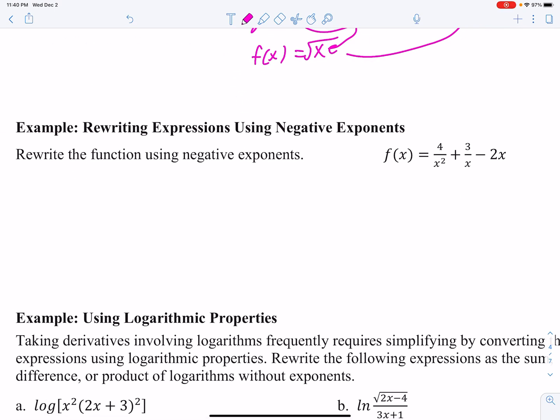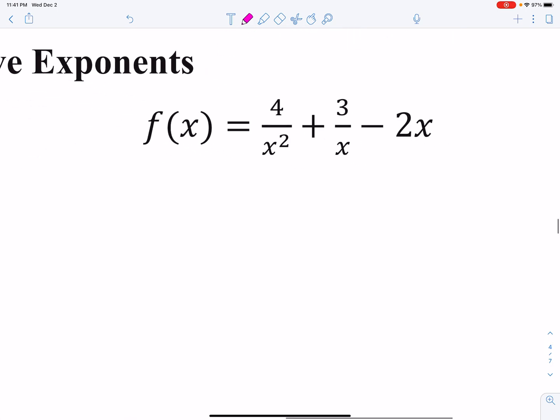More stuff for calculus. This is towards the end of Calc 1. You'll need this skill. Rewrite the function using negative exponents. Okay, so remember, a negative exponent flips the fraction, or flips that part of the fraction. So we're going to say f of x equals, so we have that 4 up there. But we want this to go up to the top, right?